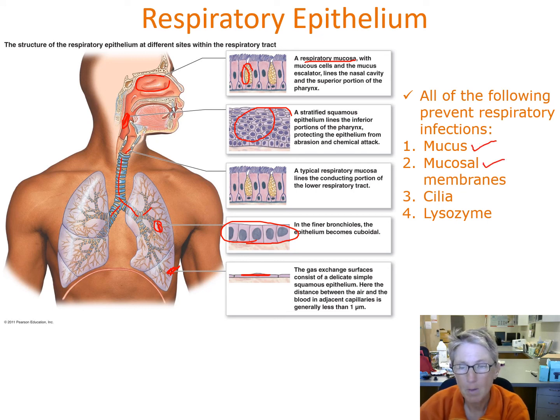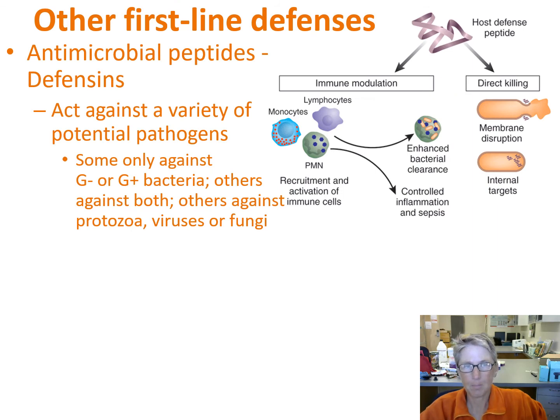The mucosal membranes, in all parts of your body that are open to the environment, actually, not just respiratory. The cilia beat, and they send the trapped microbes in the mucus to your mouth. And then there are also cells in the respiratory epithelium that secrete lysozyme. So there's lots of cells that secrete lysozyme. And remember that lysozyme is an enzyme that degrades the peptidoglycan in the cell wall of bacteria.